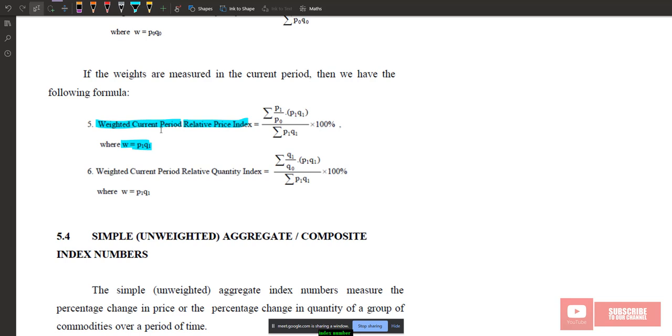So weight is the value of price and quantity, right? We just use the same formula. Weighted relative price index number, let's say the big summation of PT divided by P naught, divided by the summation of W, multiplied with W, right?